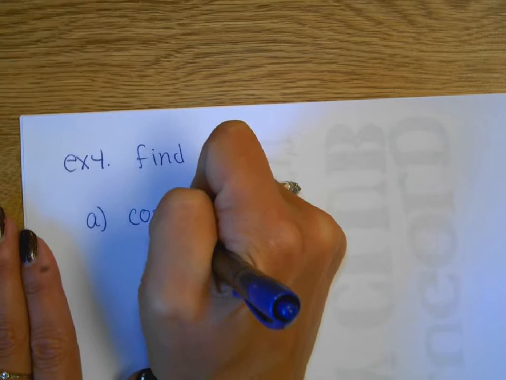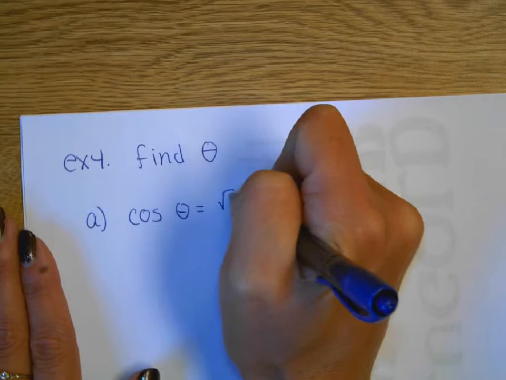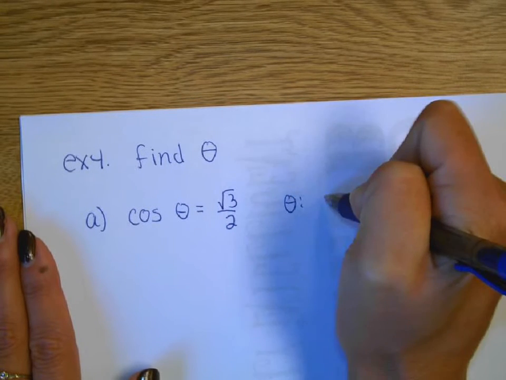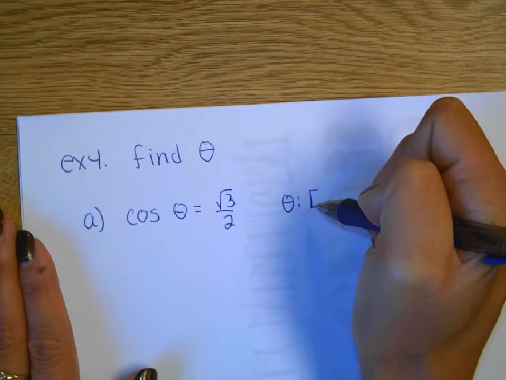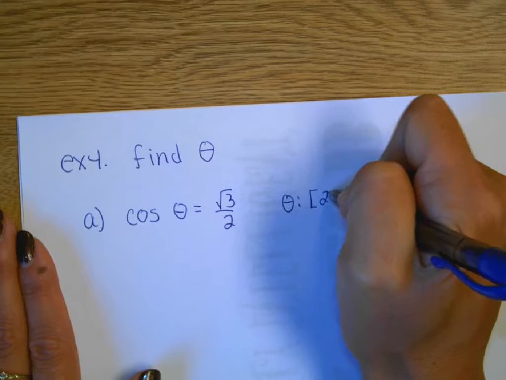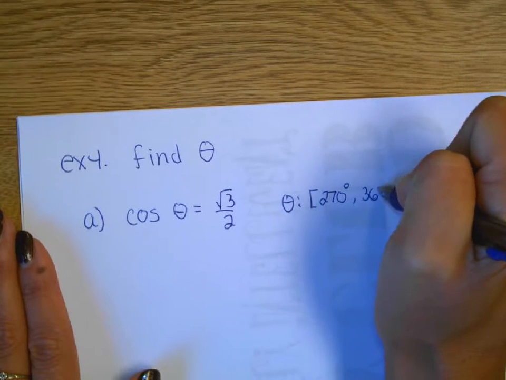The cosine of some angle is equal to square root of 3 over 2, and this angle is between 270 degrees and 360 degrees.